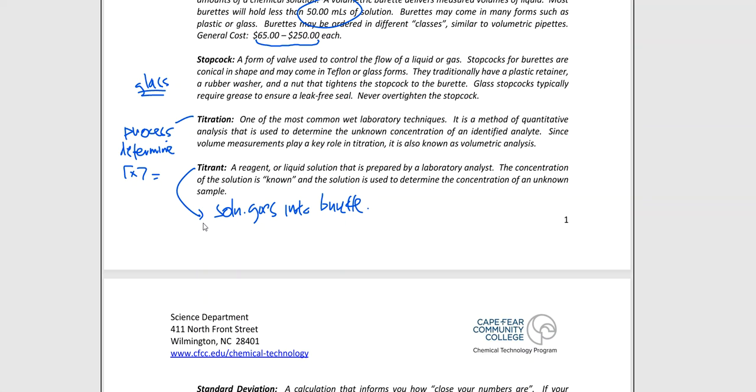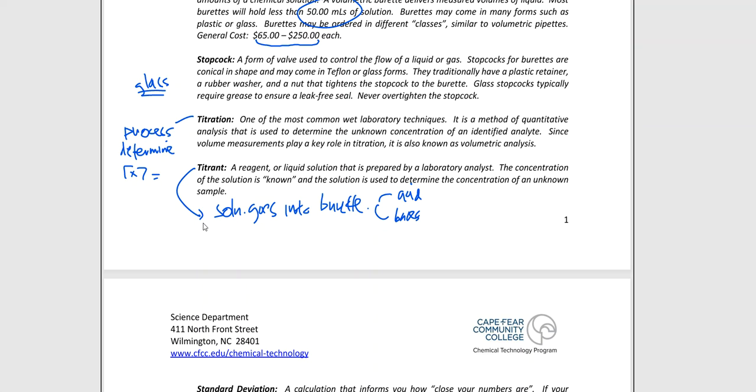So for instance, these can be acids such as HCl or H2SO4. These also could be bases, and those bases could be KOH or NaOH. Very often they are acid-base driven. They don't have to be acid-base driven, but very often, especially in the beginnings of the world of titration and learning about them, it is going to be acid and base focused.